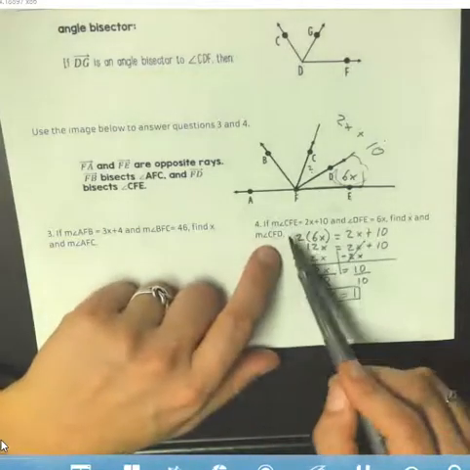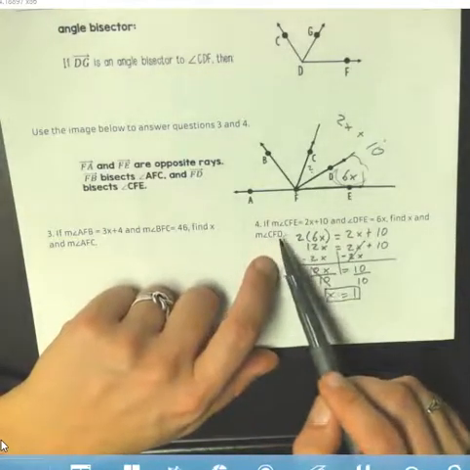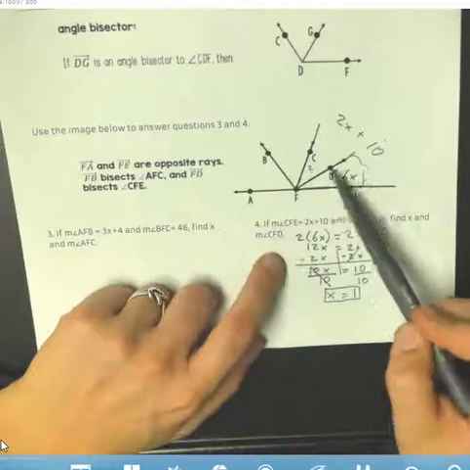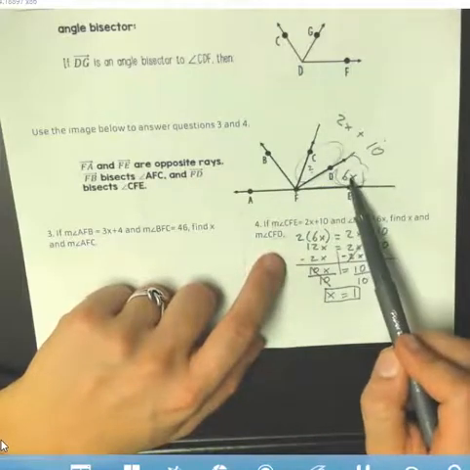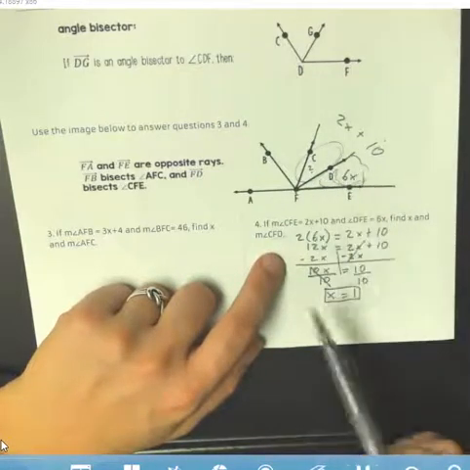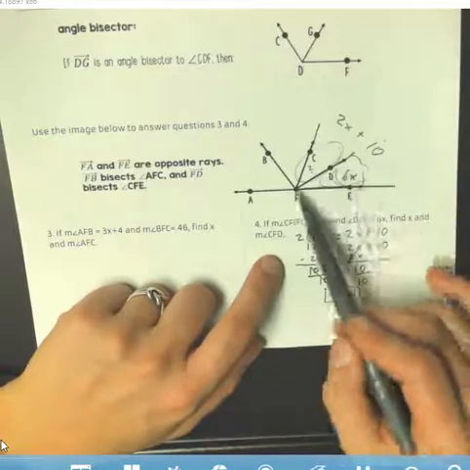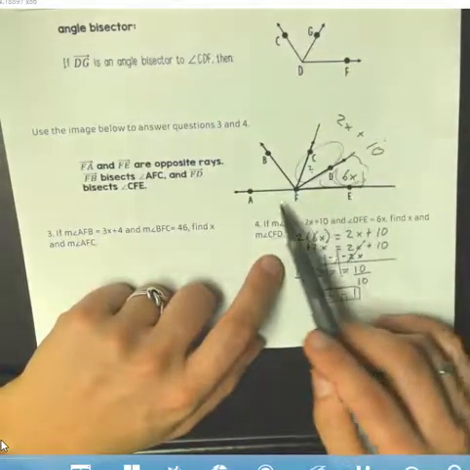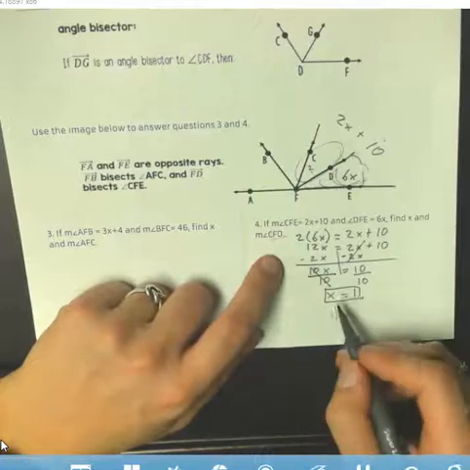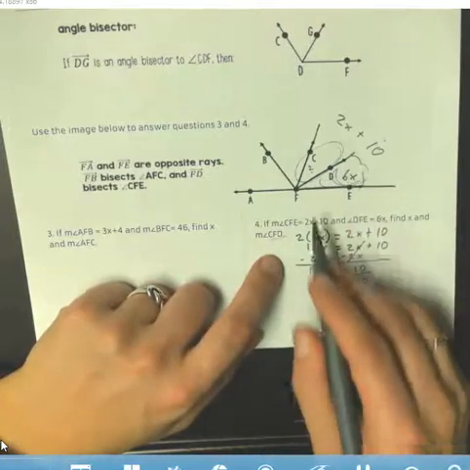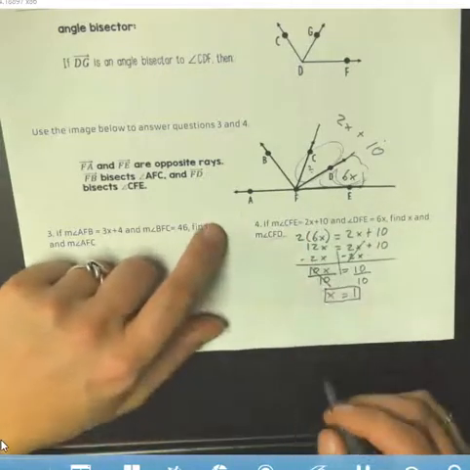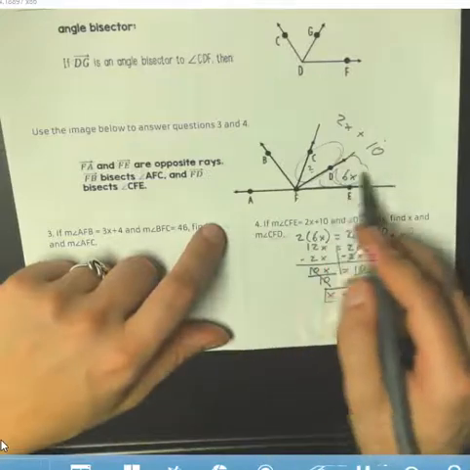But earlier we said that this angle right here is the same as this angle right here, because the big one was bisected into two equal halves. So 6x is the measure of that angle, because that's that angle.